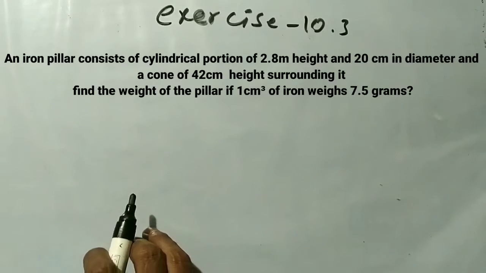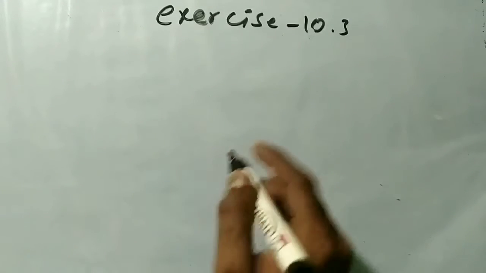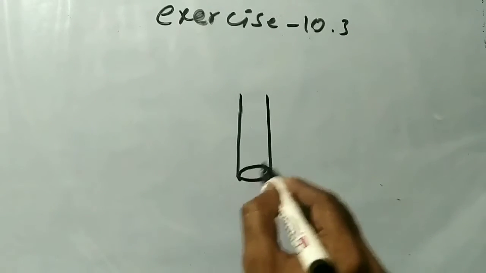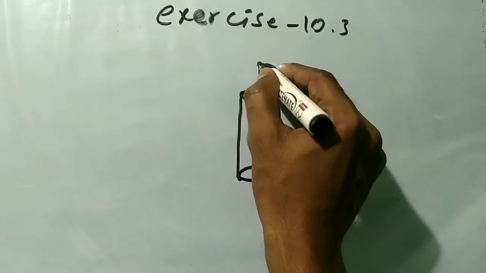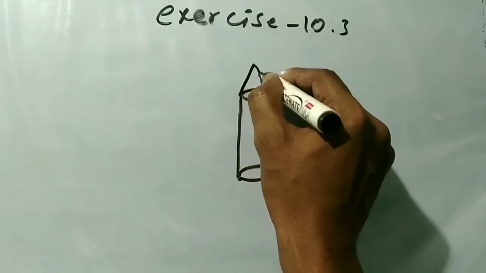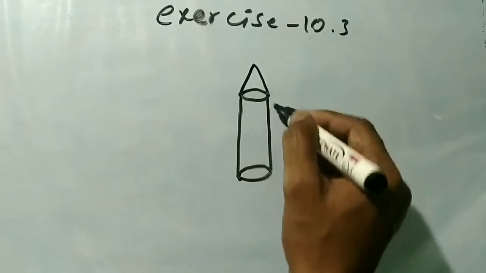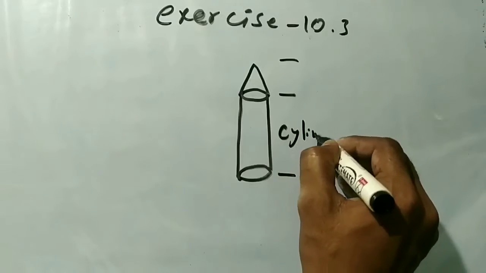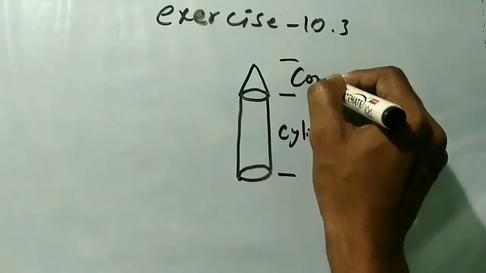In the question they have clearly said that this is a cylindrical pillar and there is a conical shape, the cone mounted on top of the cylinder. So it is a combination of a cone plus a cylinder. Here this is the cylinder and this is a cone.